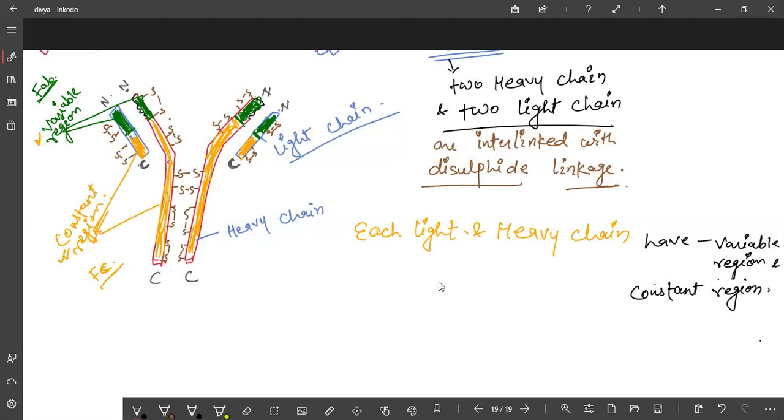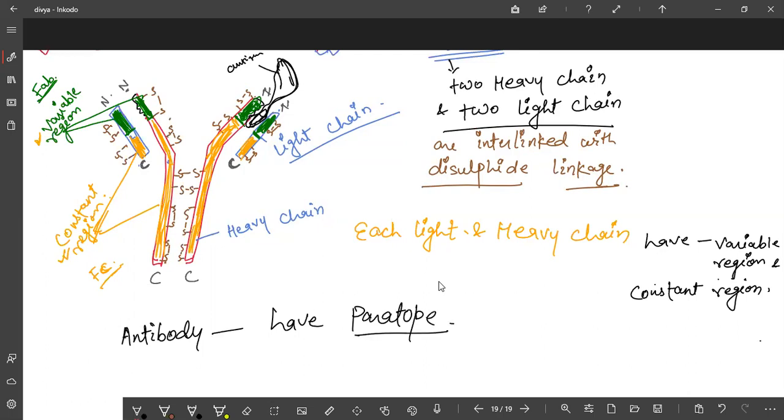And here antigen will bind. Suppose that this is antigen. So antigen will bind with this site. This site of antibody where antigen binds is called paratope. Antibody has paratope.